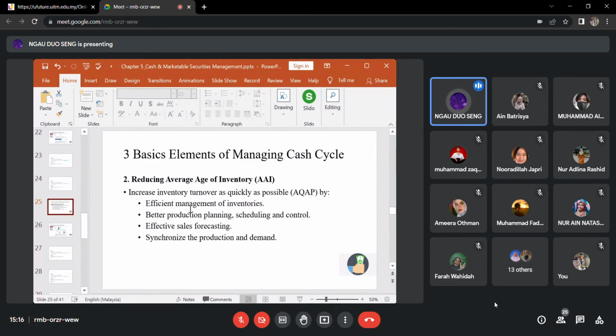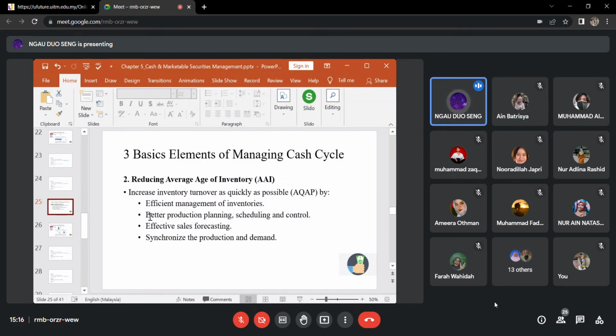So better production planning or scheduling and control, meaning you just order when you need it. If you want to produce today, the raw material arrives today, which is better. Or one day before is also good. Don't have the material arrive and wait for a week before you use it.